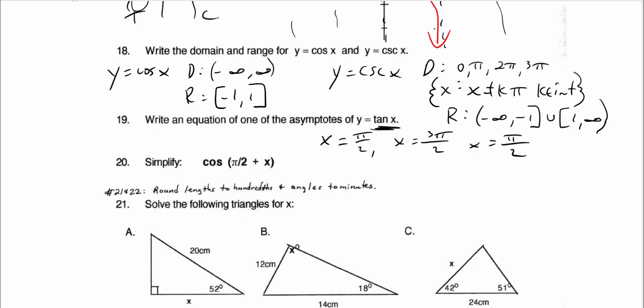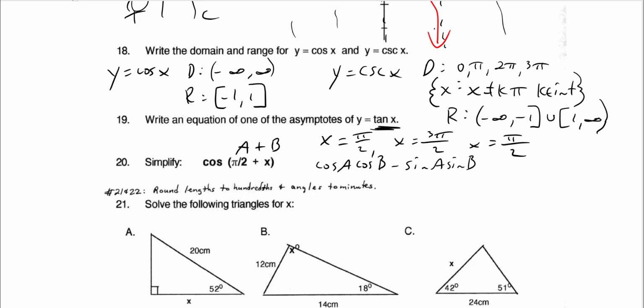Simplify cosine of pi over 2 plus x. For this one, it's remembering cosine of a plus b. So you have to know your identities. Very important. If you remember, it's cosine a cosine b, and then the opposite sign, minus sine a sine b.